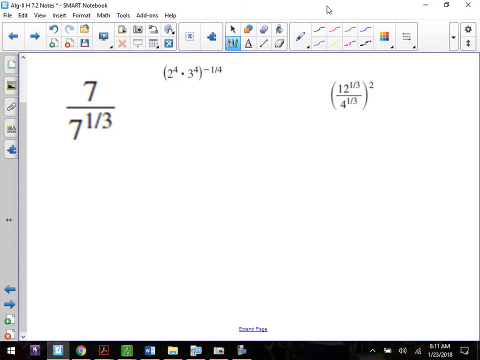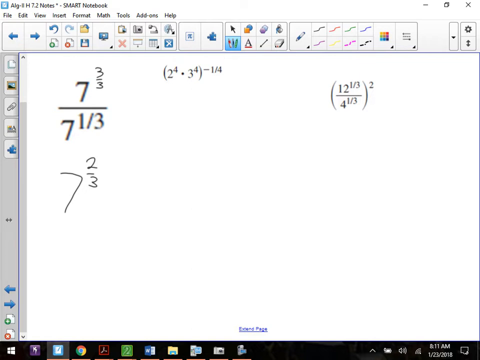It's a 1, but I'm going to write it as 3/3. By doing that, you automatically set yourself up for common denominators. So you wind up with 7 to the 2/3, and go on your merry way.